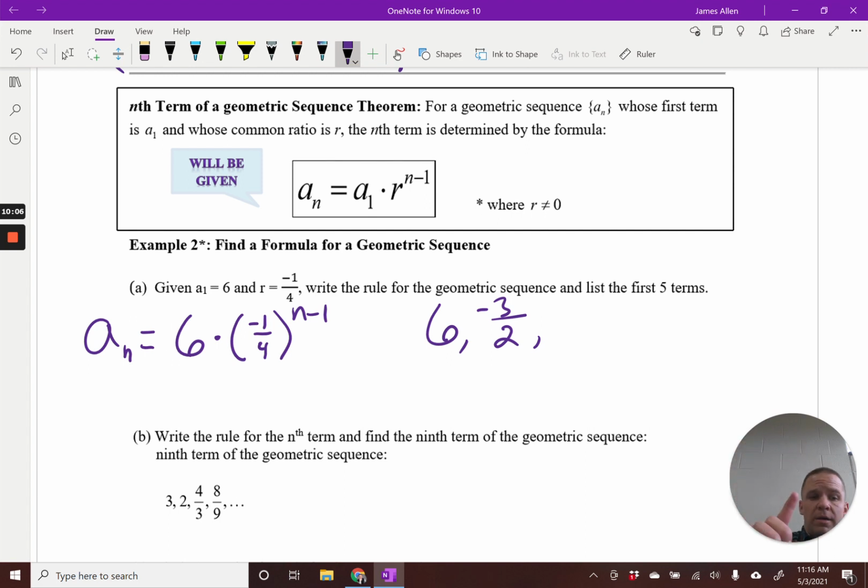Now if I plug 3 in for n, right, that'd be 6 times negative 1/4 to the 3 minus 1. So that's really like raising it to the second, right? So if I'm squaring negative 1/4, that's positive 1/16. So 6 times 1/16 would be 6/16 or 3/8.